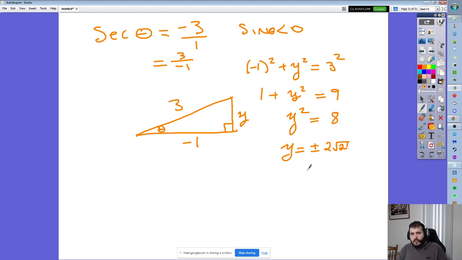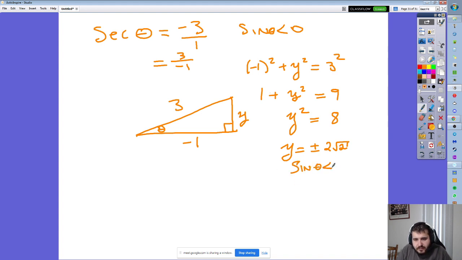And is it positive or negative for this one? Negative, exactly, because sine is negative.